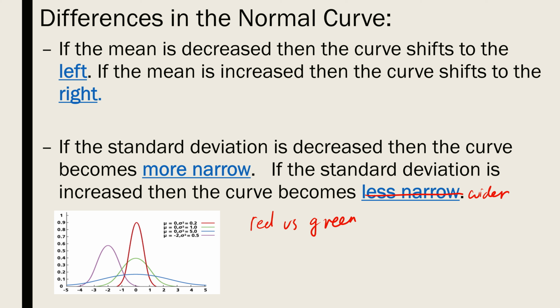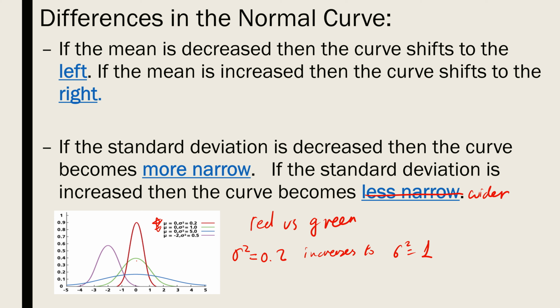To understand the second part, you can compare the red curve with the green curve. The population variance sigma squared equals 0.2 for the red curve. It increased to 1.